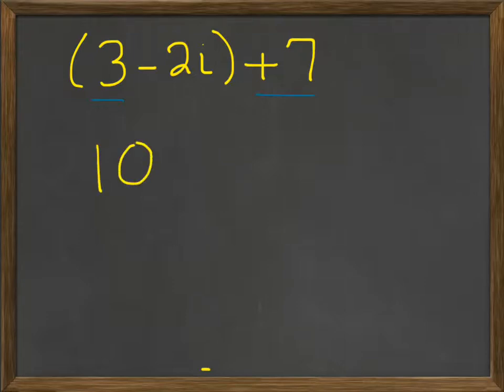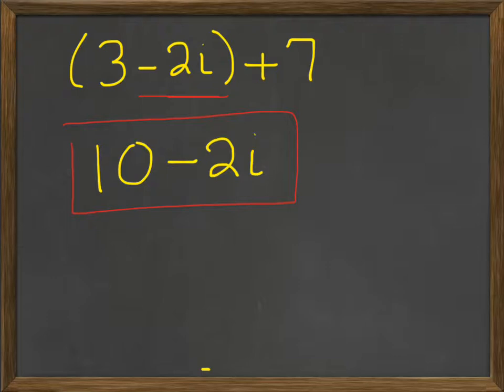Now, the second half does not have an imaginary number. So therefore, we only have the negative 2i, and we're going to bring that down to get negative 2i. And that's our final solution. Is a complex number.